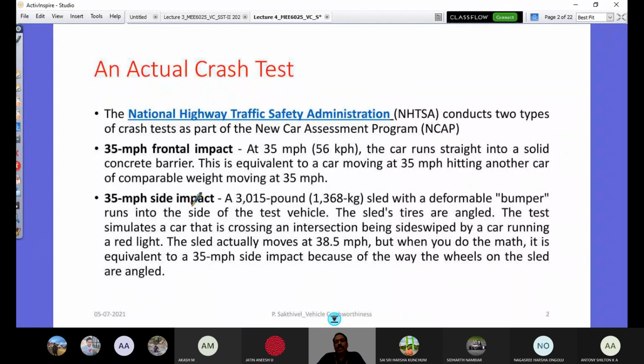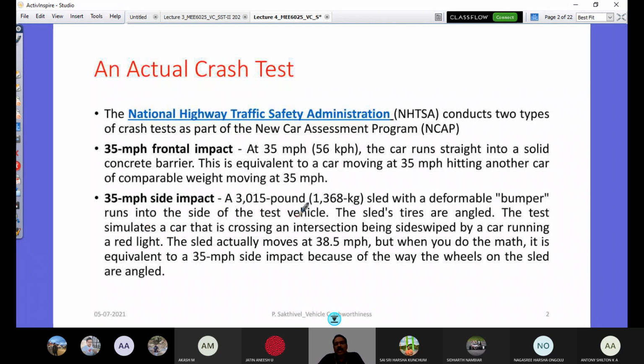If we go to higher vehicle speeds, we still need to work on improving the passive restraint system, especially airbags. So these are the 2 tests. The second test we will see in the afternoon class, that is the 35 miles per hour side impact test.